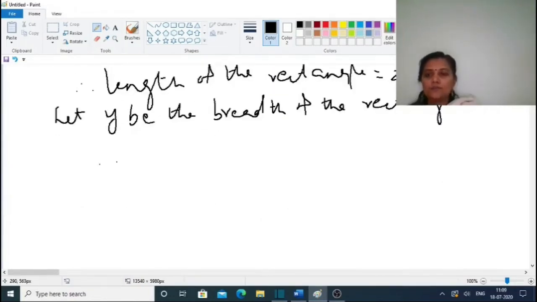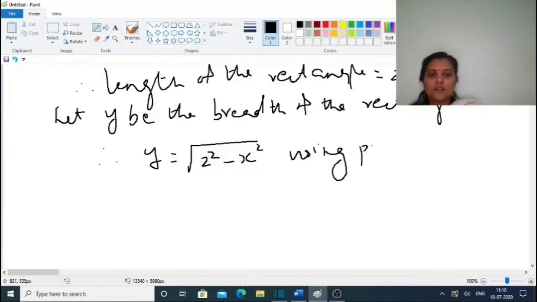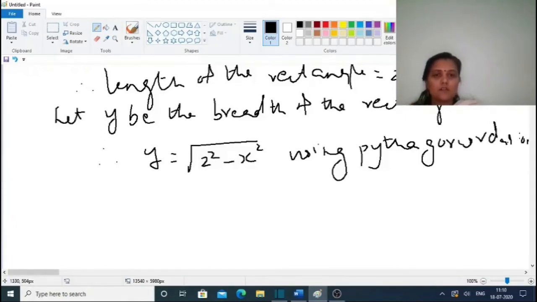Therefore, y is equal to square root of 2 square minus x square by using Pythagoras relation. That is y is equal to square root of 4 minus x square.